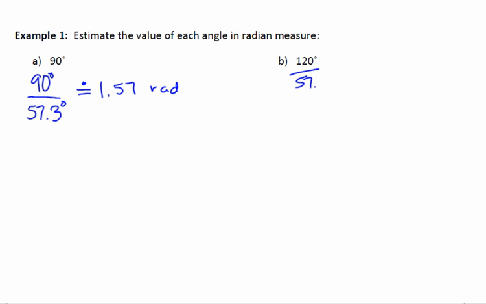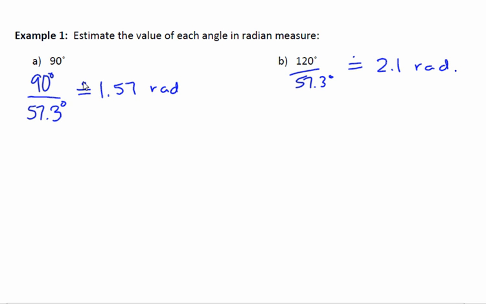So how many radians approximately is that? 2.1. Do we agree? Okay, 2.1 radians. That's the easiest way to estimate. Do you get those ones, example 1 and 2?